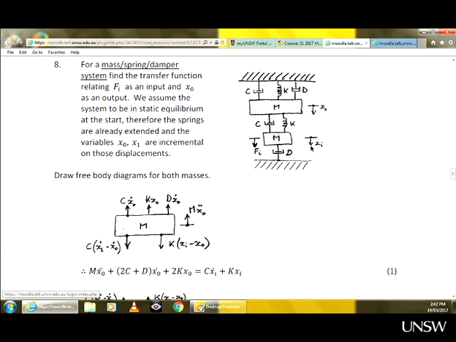Xi. As a result of this displacement xi, you will have this displacement. So this mass at the bottom is pulling this mass at the top. So this is what happens first. Then as a consequence, you have this displacement. That would be my explanation.